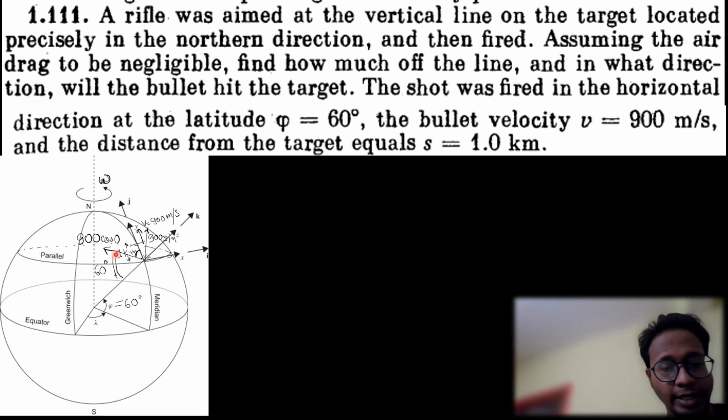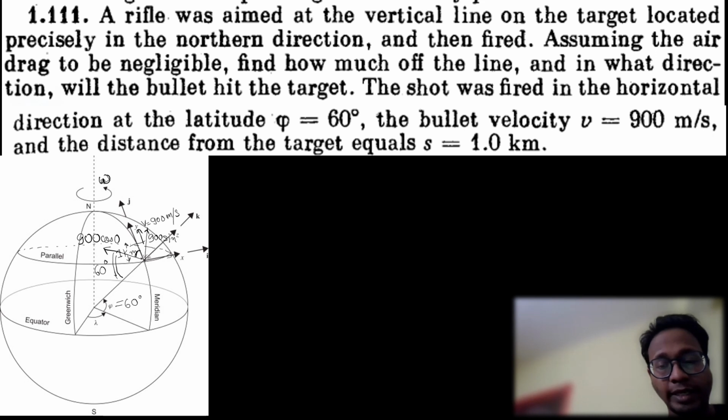Now see, this line and this line are 90° to each other. Why? Because in a sphere, this is tangent to the sphere and this is normal to the sphere. Why is this line normal to the sphere? Because it passes through the center of the sphere.